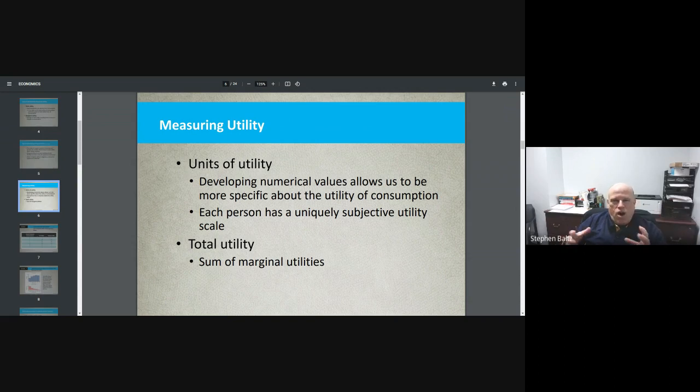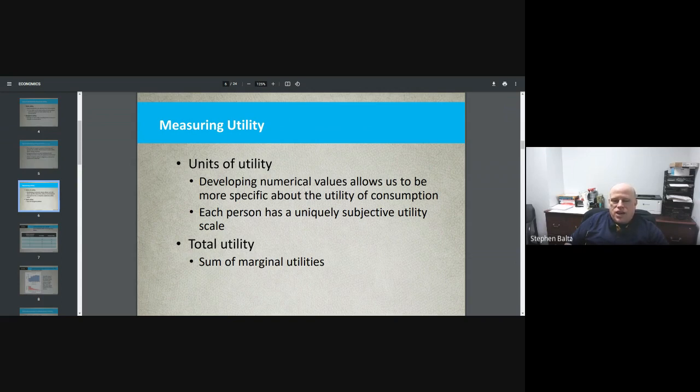Each of us as consumers, we like certain goods. We consume certain goods because we like them, because they give us satisfaction. And then there are other goods that we don't consume because they don't give us any satisfaction.